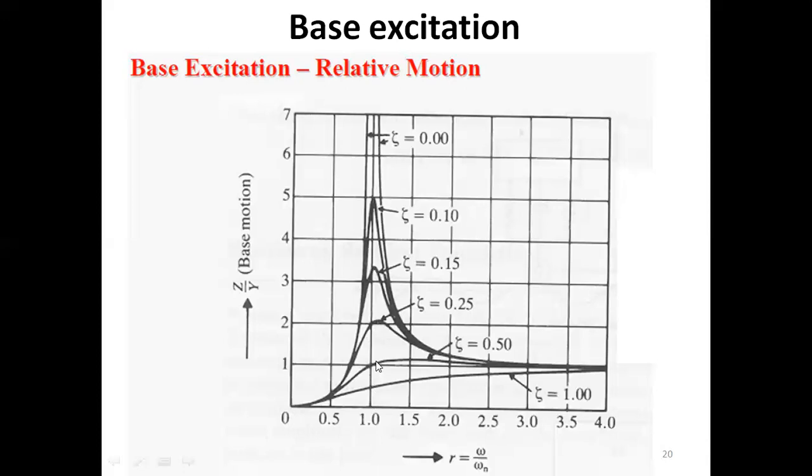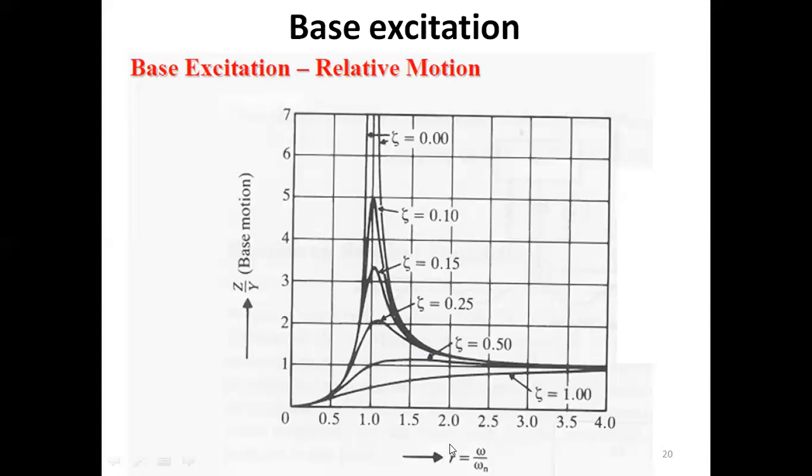When the damping ratio is less, the displacement transmissibility would be worse. It would be more, which we don't want. So if you want to decrease the displacement transmissibility to the mass, we have to increase the damping in the system.